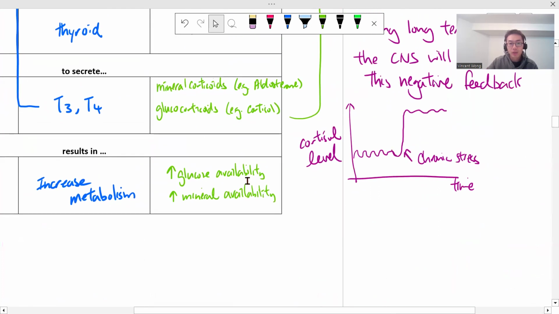And with high cortisol, you will now get more glucose, but not just from the liver, but from all the other macromolecules that you have in the body. It will start breaking down your muscle, it will start tapping into your fat reserve, but this can only go on for so long, of course.